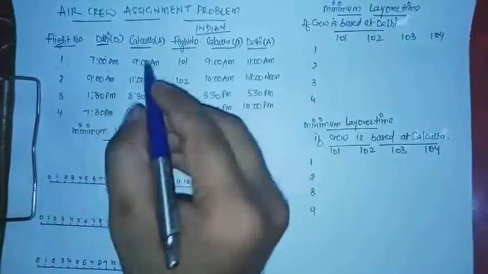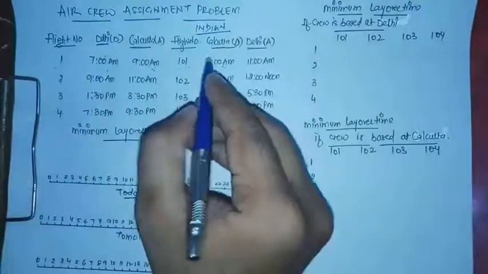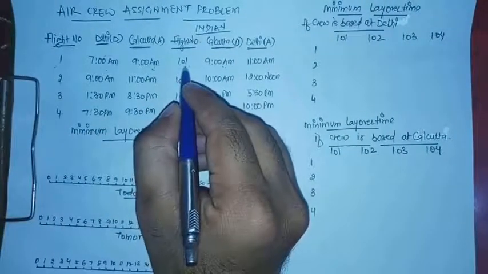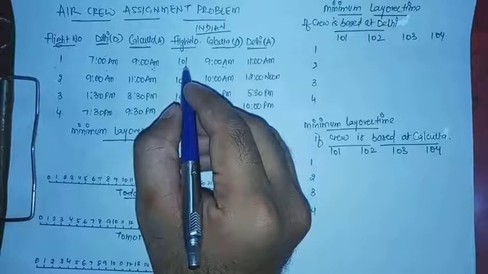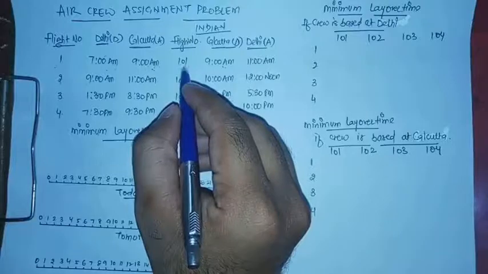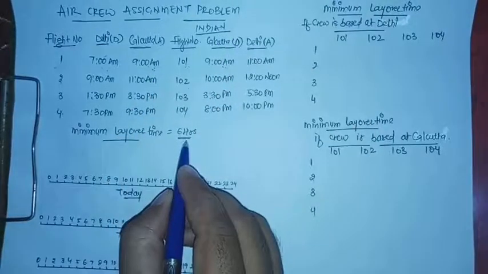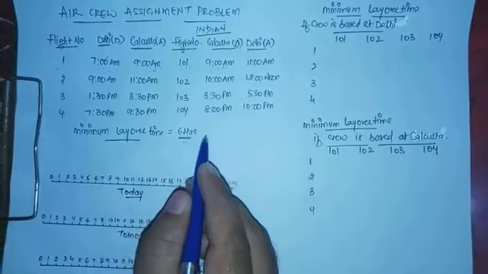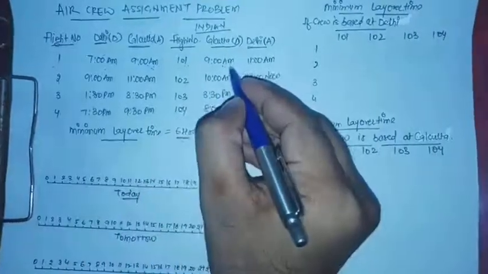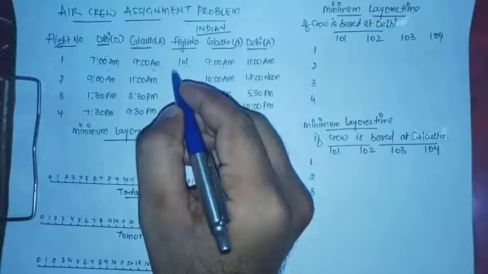So they have arrived at 9 a.m. Is it possible for them to move on 101 on the very day? No, it is not possible. The reason is that they are arriving at 9 a.m. and the minimum layover time is 6 hours, so they can move only at 9 plus 6, that is at 3 p.m. So if they want to move on flight number 101, they will have to wait for tomorrow.